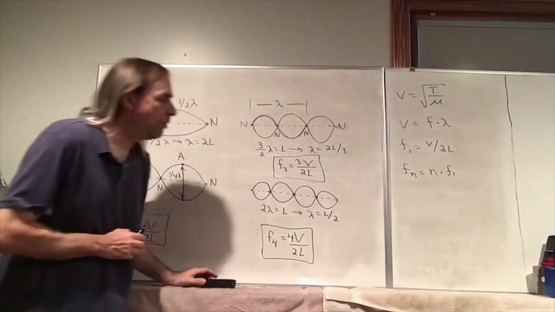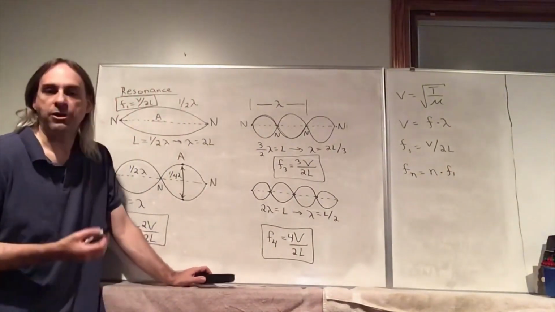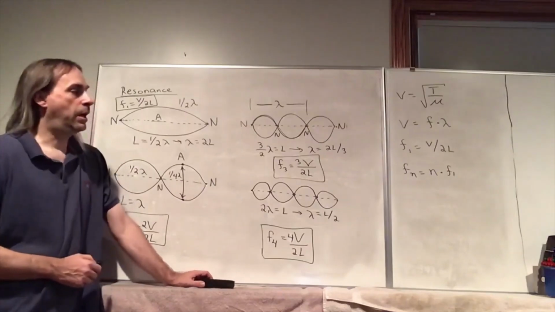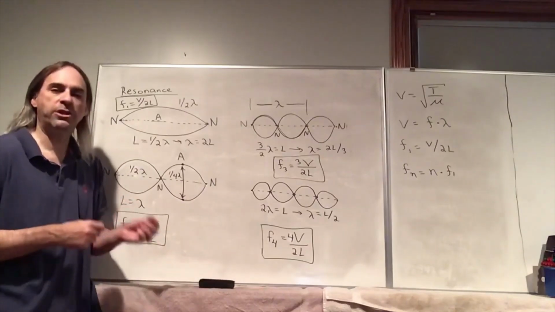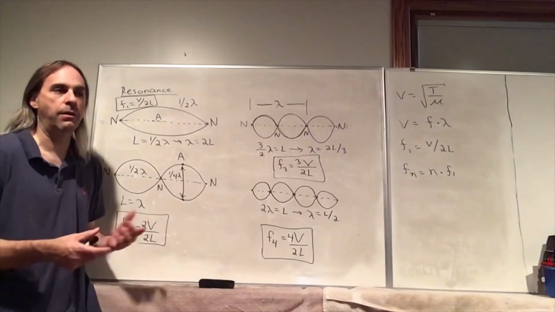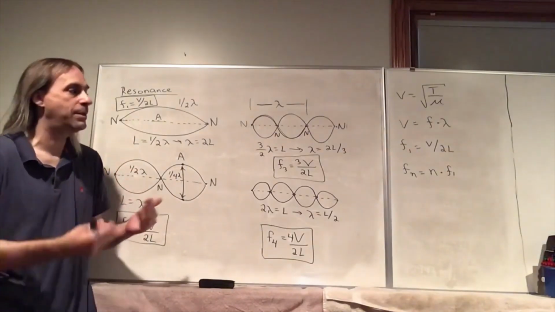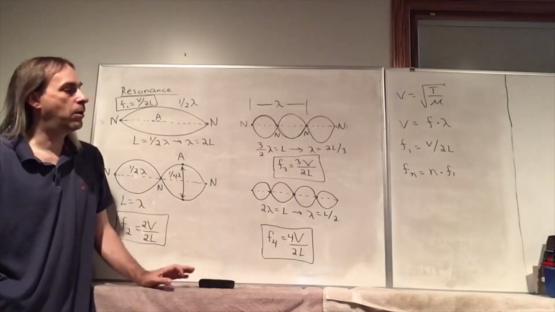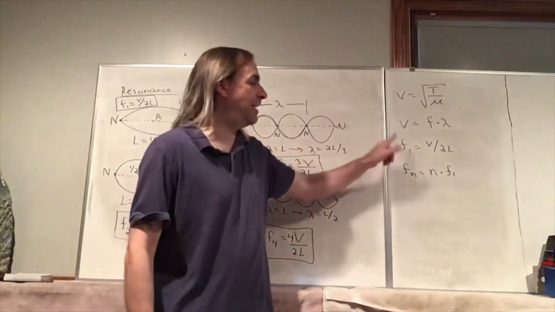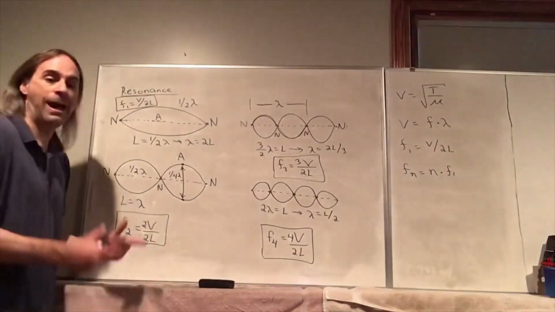Okay, now, and again, applications, yeah, stringed instruments. You have all these different strings with different densities, so they have different wave speeds, and so they resonate at different frequencies. And L can be adjusted.